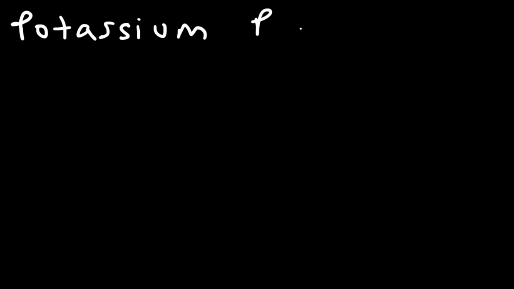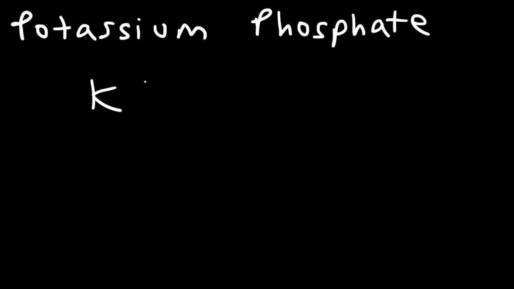Now let's try some other examples. So let's say if we have potassium phosphate. What is the chemical formula for this compound? So start by writing the ions. Potassium has a positive 1 charge. Phosphate has a negative 3 charge.